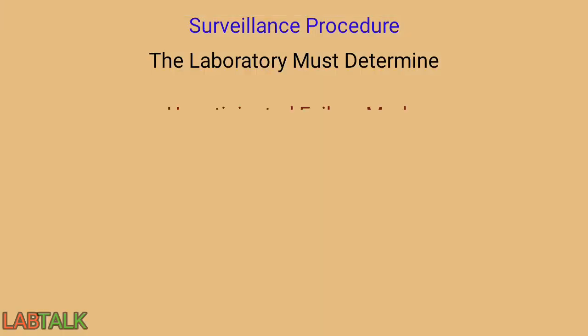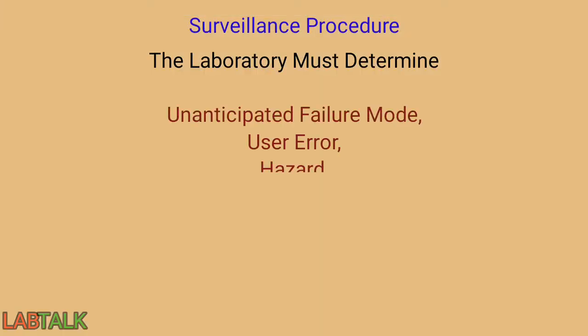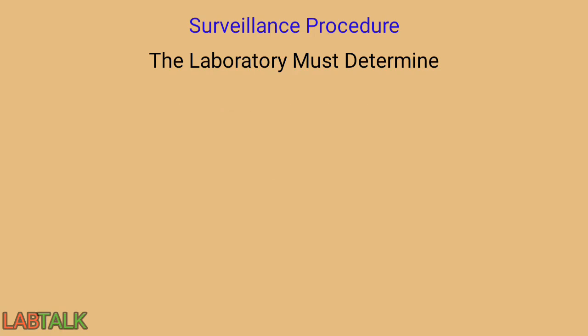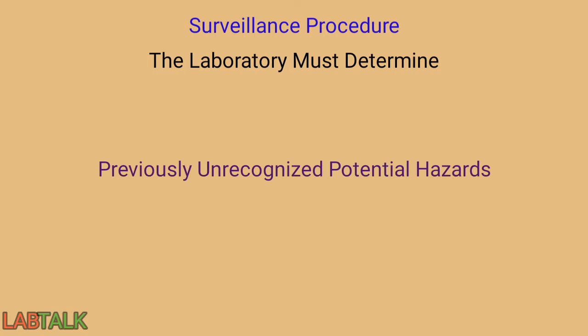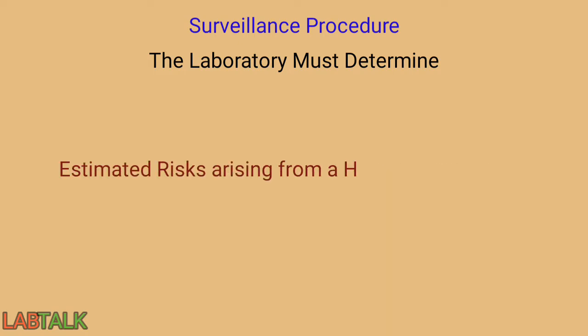Now the laboratory must determine if any unanticipated failure mode, user error, hazards or hazardous situations or any harm may have occurred. The laboratory must determine the previously unrecognized potential for any of these events to occur, and the laboratory must estimate the risk arising from a hazardous situation which may be no longer acceptable.